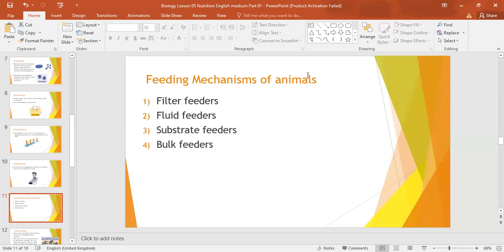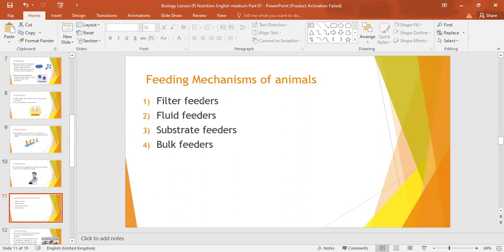We are talking about feeding mechanisms of animals under the holozoic nutrition. You know, the heterotrophic nutrition can be divided into 2, holozoic nutrition and symbiosis. Here we are in the holozoic nutrition.